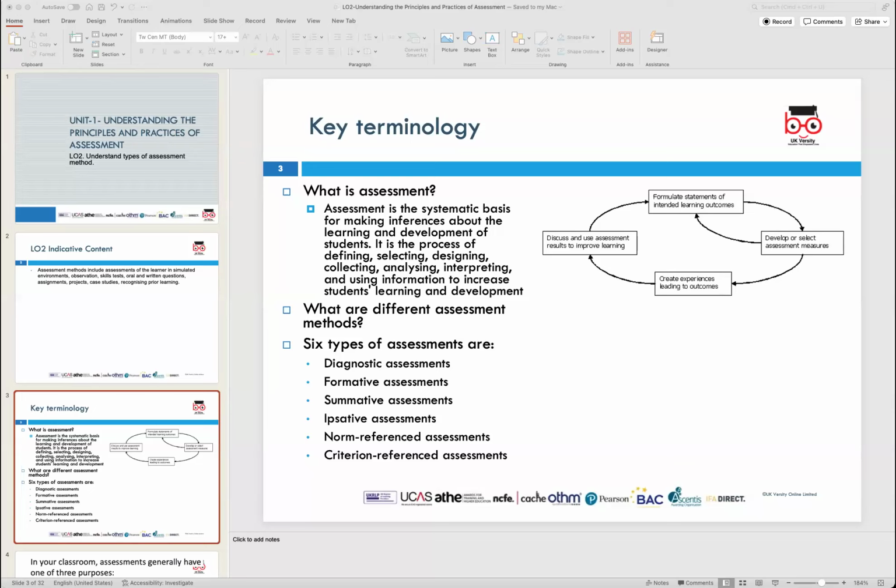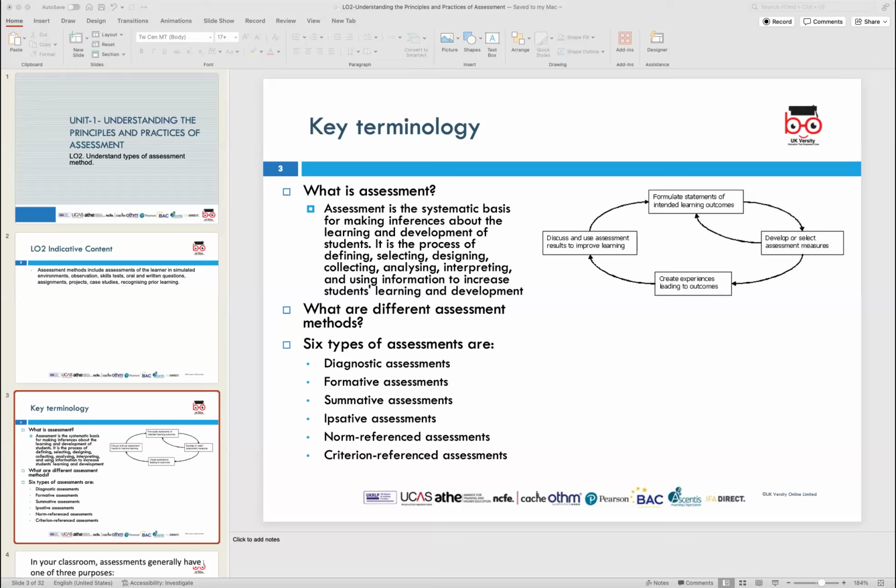Now, the next one is summative assessment, which differs from formative assessment because it is used to evaluate the students' learning at the end of the instruction, the end of teaching and delivery. Here you are comparing the achievement, knowledge and skills the learner has gained from the work they submitted.